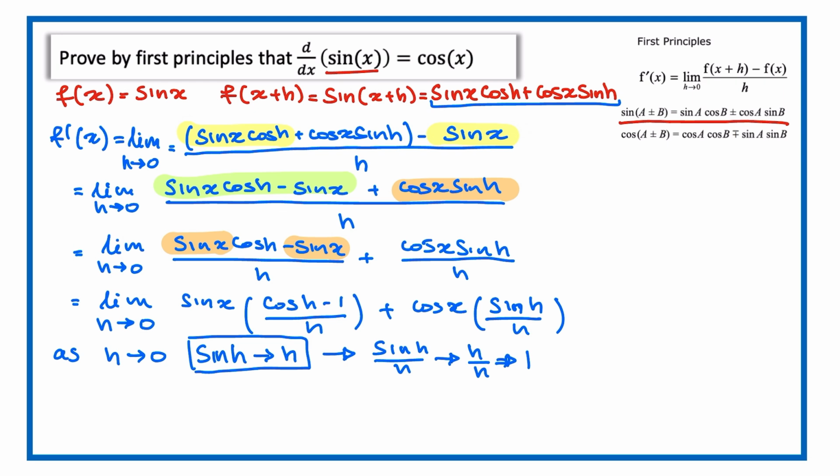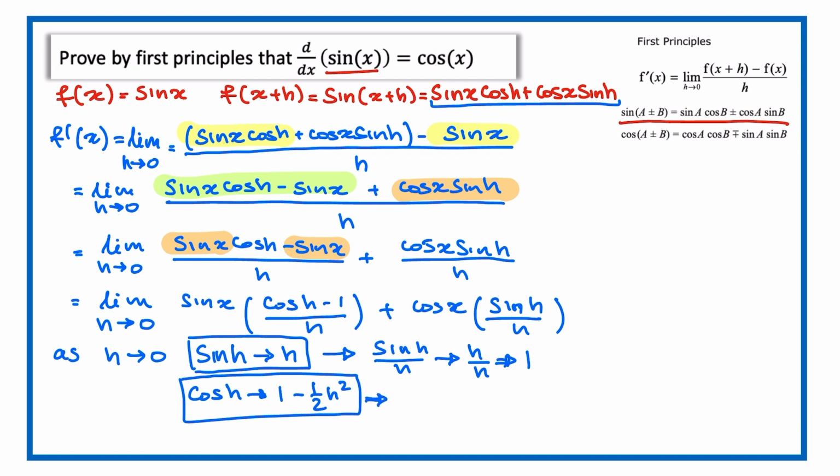Very similarly, we can replicate for the other part, which is cos h. So cos h turns into, again using the small angle approximation, 1 minus a half h squared. Again, this small angle approximation is given to you in the formula booklet as well.